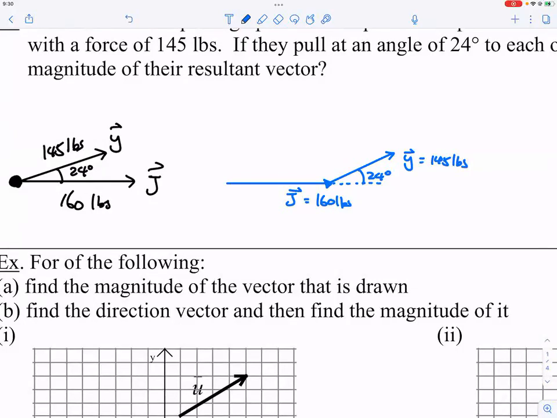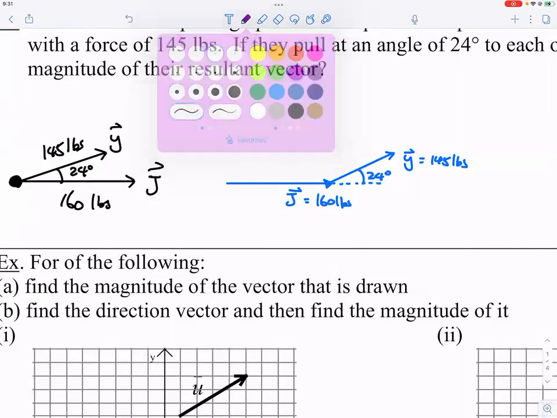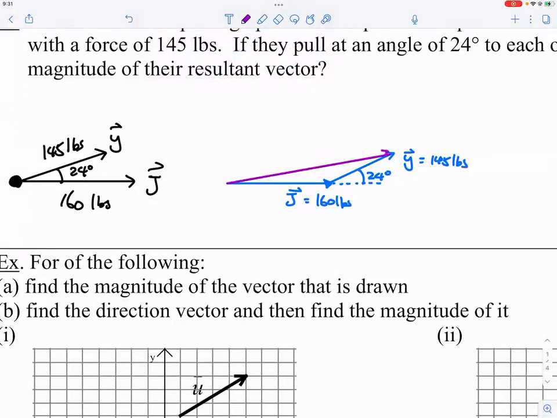Again, we've got to connect the vectors together from head to tail. And we would like to find out the overall resultant vector.